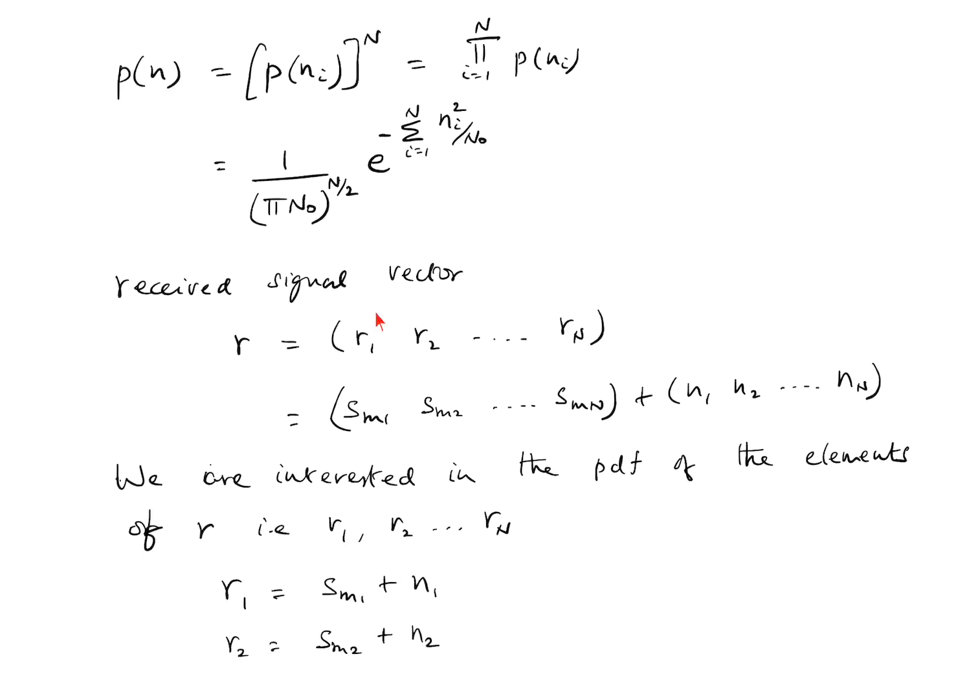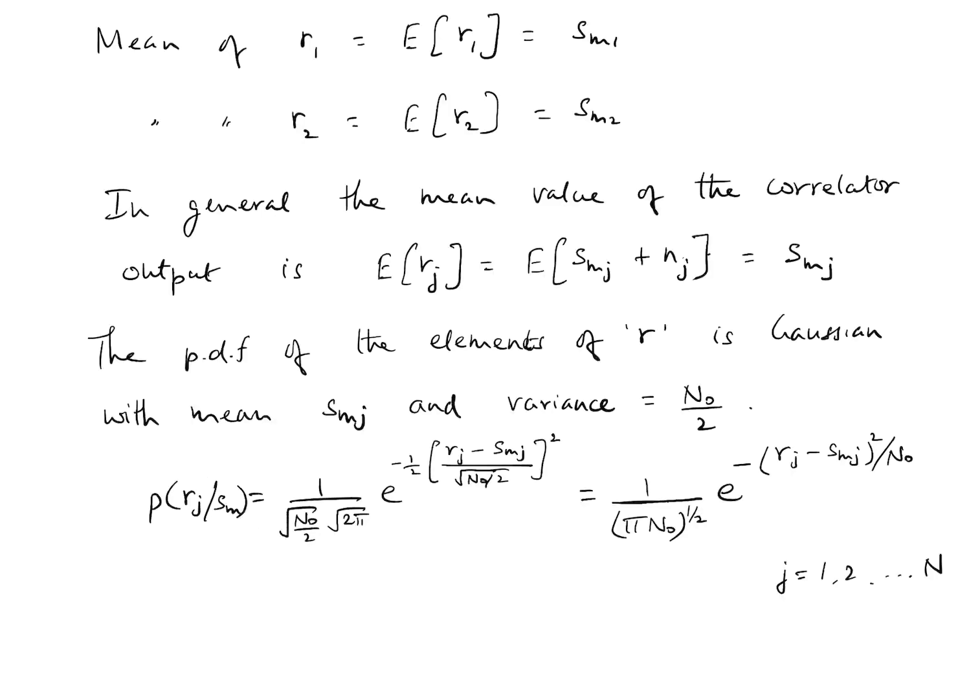So what is the PDF of r1, the PDF of r2, and so on up to the PDF of rn. And we are talking about the conditional PDFs on the condition that a particular signal is transmitted, which is Sm, right? So the probability of rj on the condition that some Sm has been transmitted.